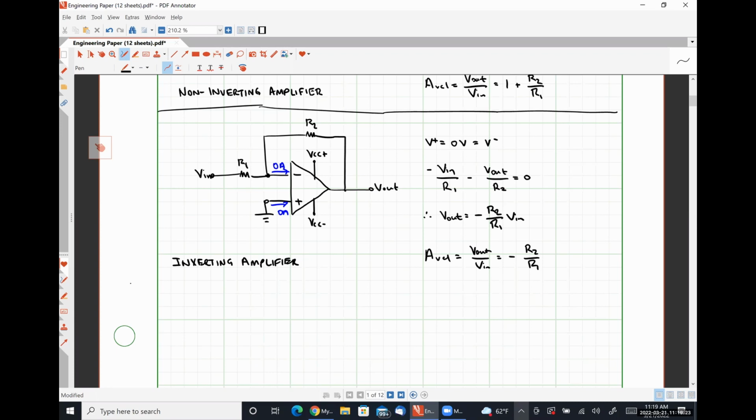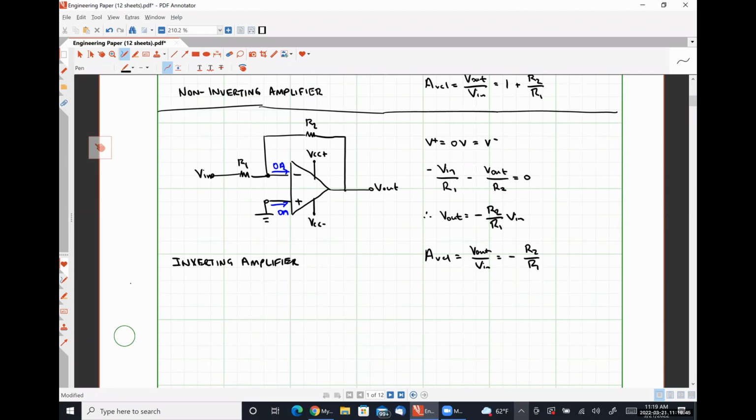But this increase in functionality comes at the cost of changing the polarity of our signal, which we could always change right back by just adding a second stage with a gain of 1 or negative 1 if we were so inclined.